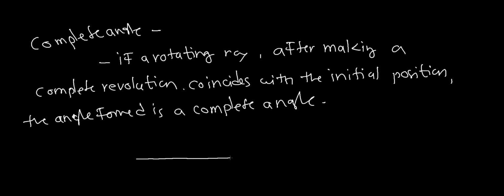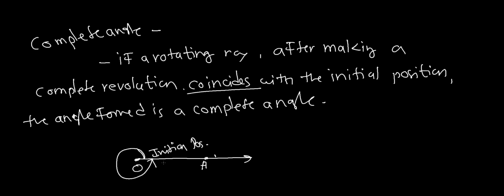So if this is a point O, this is our initial position and this is a point on the ray, so it rotates in such a way that it coincides, this word is important, coincides with the initial position after making a complete revolution.